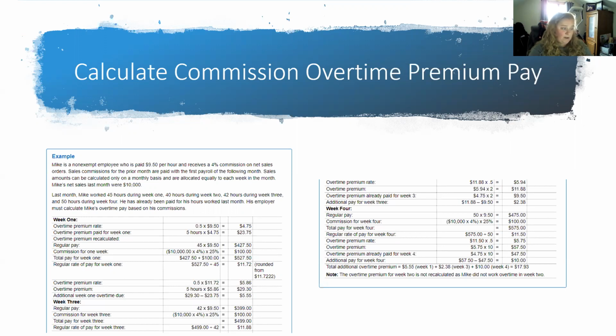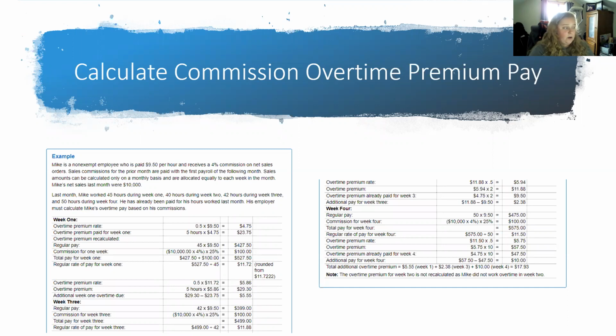Multiply that by 0.5, we get $5.94 for his overtime premium rate for that particular week. And then we subtract the difference between the overtime that he already received and the overtime that he should have received, and we get an additional $2.38. So they owe him the difference between those two.